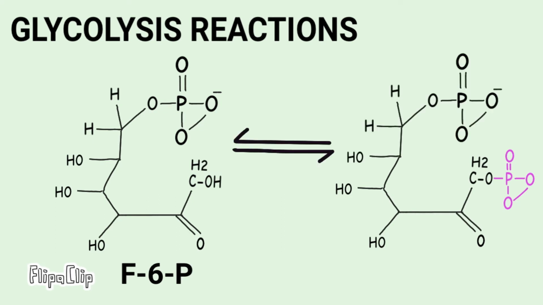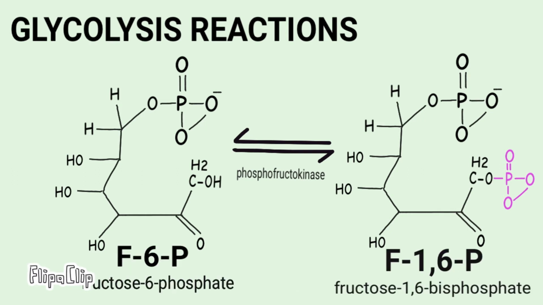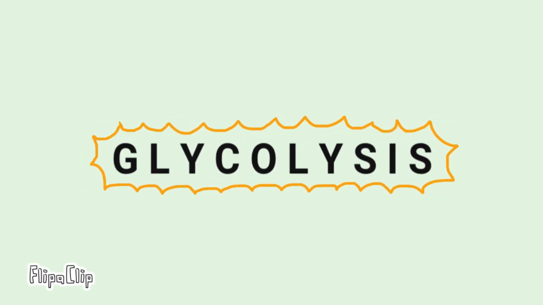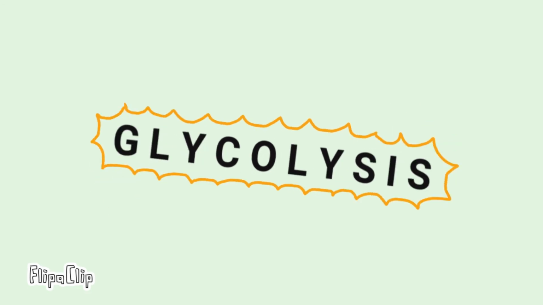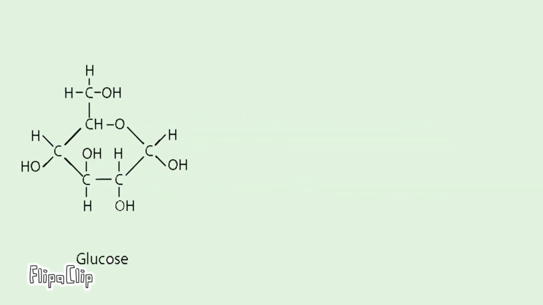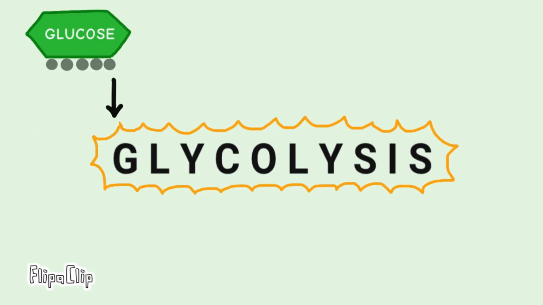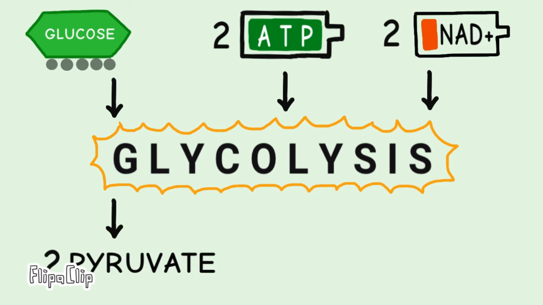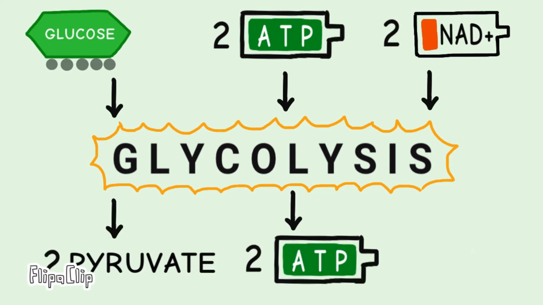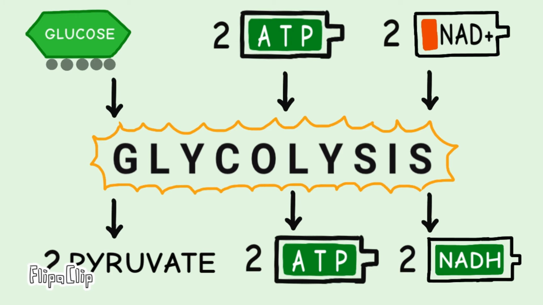Phosphofructokinase speeds up or slows down glycolysis in response to the energy needs of the cell. Overall, glycolysis converts one 6-carbon molecule of glucose into two 3-carbon molecules of pyruvate. The net products of this process are 2 molecules of ATP and 2 molecules of NADH.